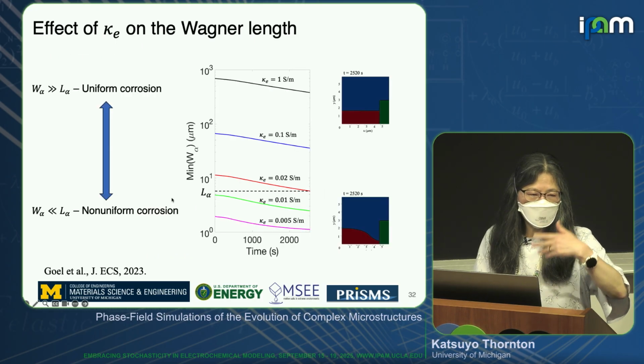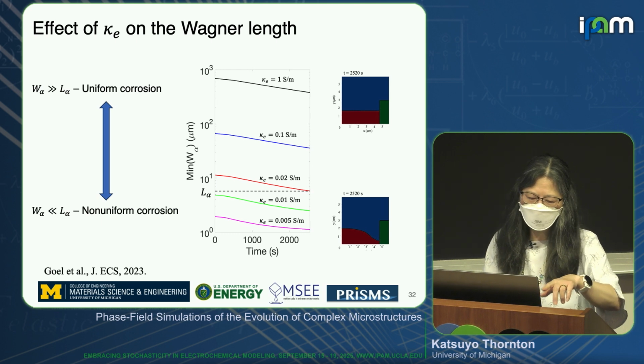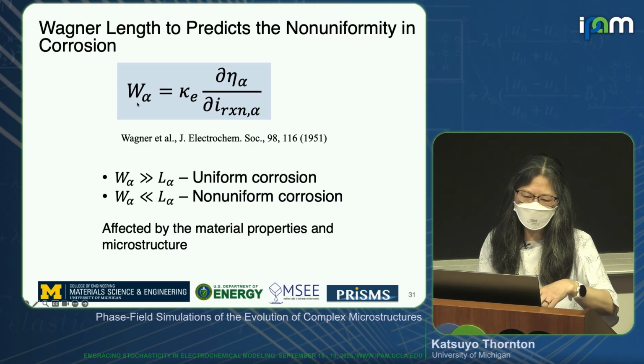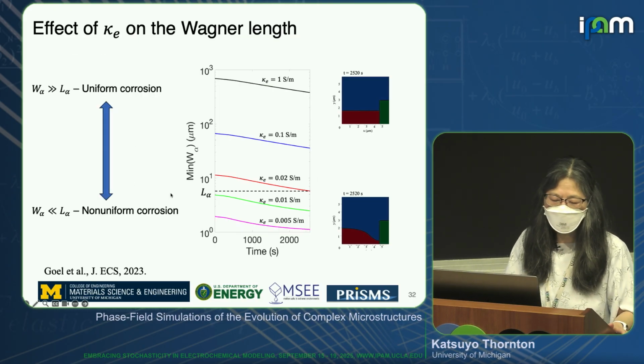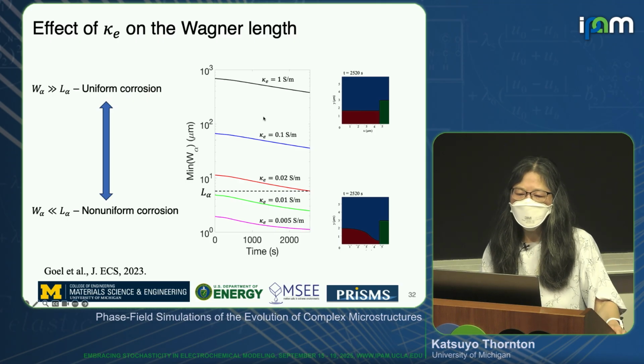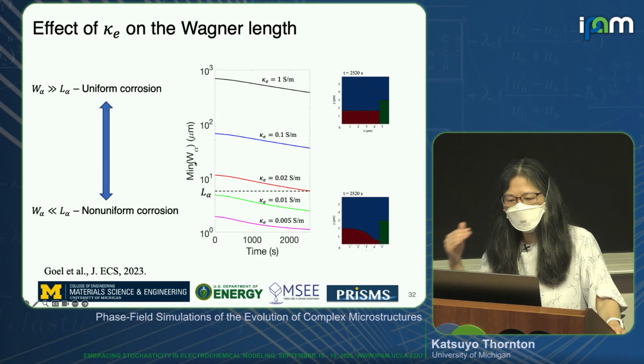So we have this kind of non-dimensional number analysis, in this case this divided by this, which is useful because you can always make some statement without doing detailed calculation. But we do have the detailed calculation. You can calculate the Wagner length, the minimum, because it changes at different locations.